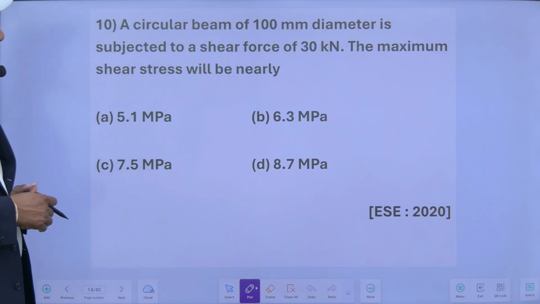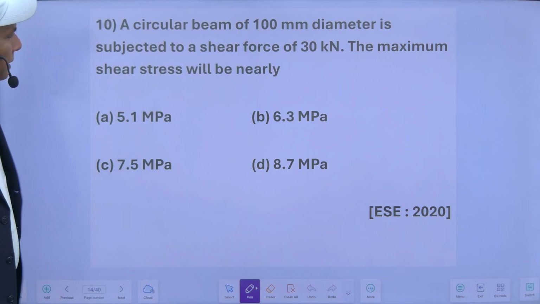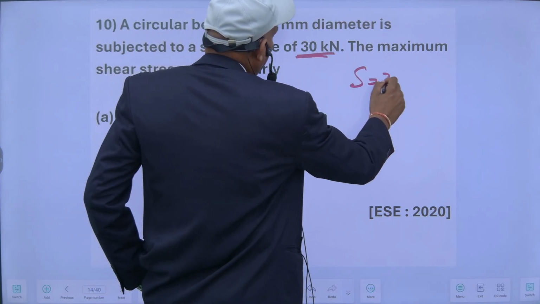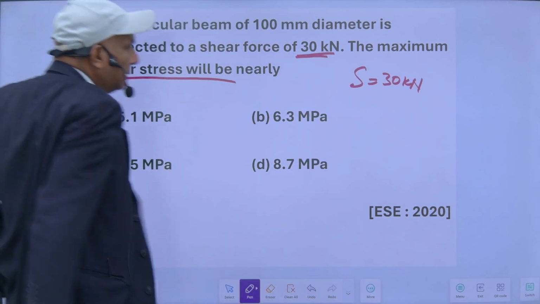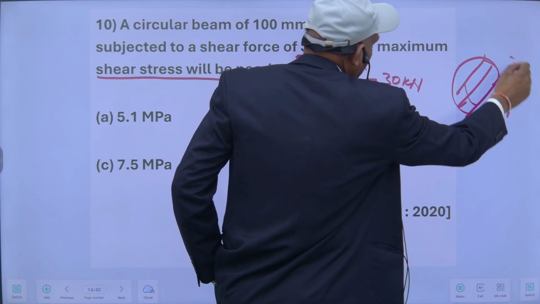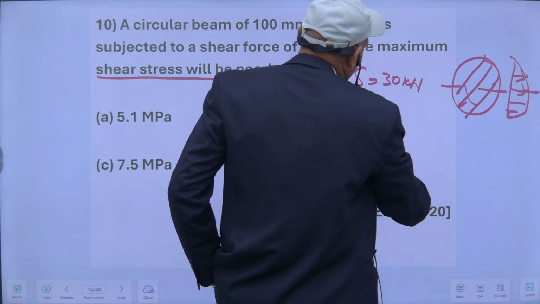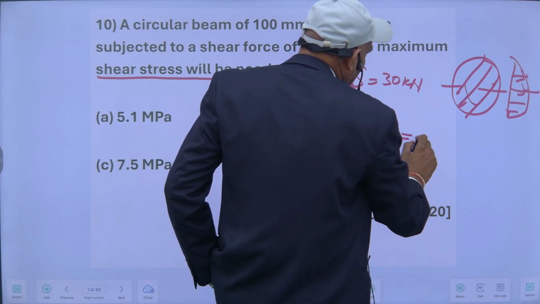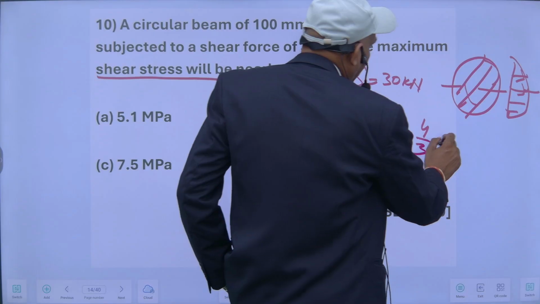A circular beam of 100 mm diameter is subjected to a shear force of 30 kilonewton. The maximum shear stress will be how much? In case of a circular section, the maximum shear stress is at the neutral axis, and Q max is equal to 1.33 times, or 4 by 3 times, Q average.